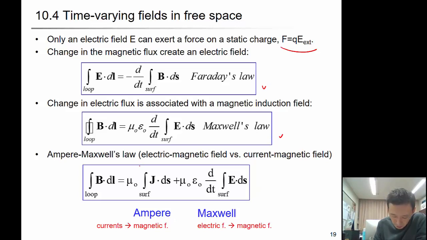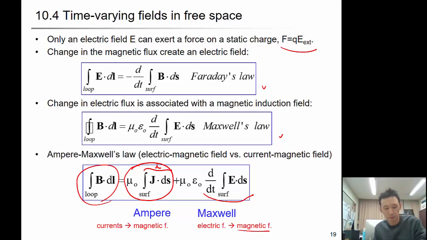So this term is about the current density J, times mu, like Ampere's law, like the I, right? And it generates the magnetic force. And here, an electrical field changing in time creates the magnetic field. And together, it becomes the magnetic induction B.